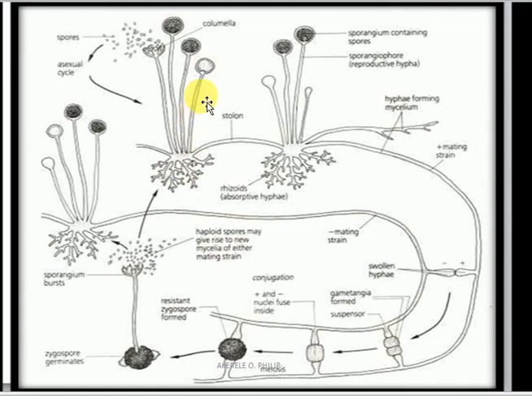This structure that holds the sporangium is called the sporangiophore. You can see that here. The sporangium contains spores. When this spore lands on another food, let's say bread, it germinates on it. Now what you are seeing here is sexual reproduction.